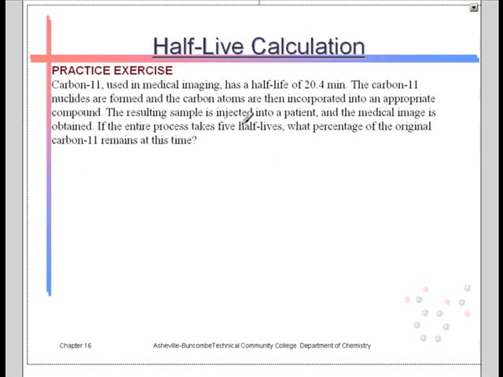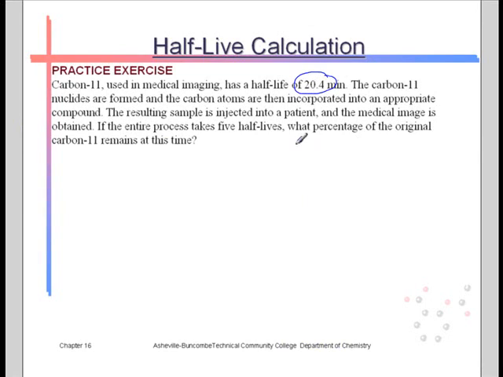It's very wordy. There's a lot of information being thrown at you, but essentially you have a synthetic radioisotope, carbon-11. They give you the half-life of 20.4, but you really don't need that in the calculation. It's this last part that's important: what percentage of the original carbon-11 remains after 5 half-lives?